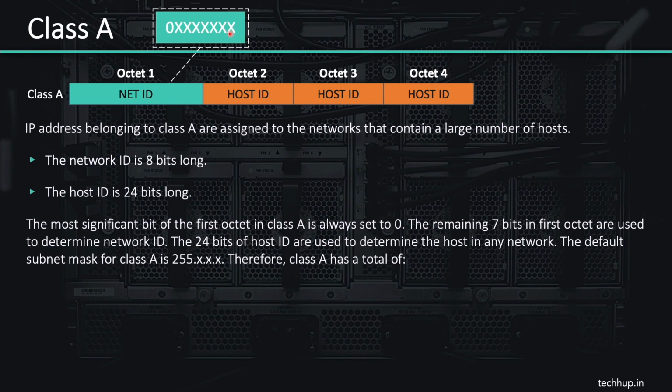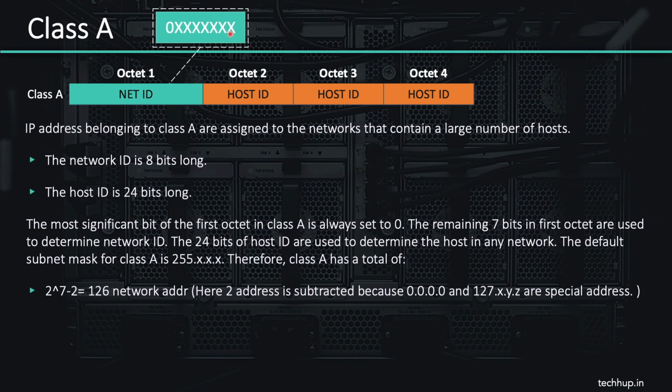The default subnet mask of class A is 255.x.x.x. Therefore, a class A has a total of 126 network address. Now, how this is calculated is that you raise 2 to the power 7, where 7 is the number of bits allocated towards your network addressing.